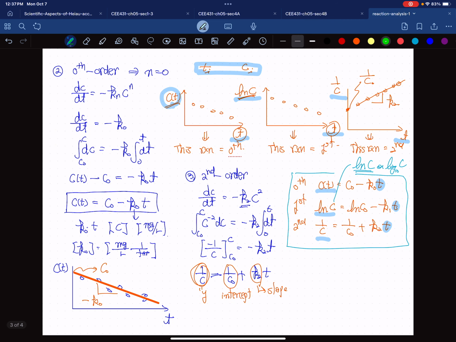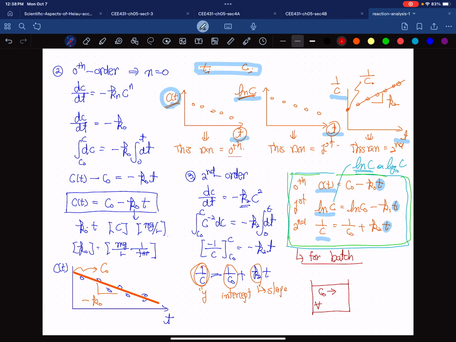So here we have three reaction orders, and in each case, if the concentration is decreasing, you have these three forms that you need to keep in mind. And again, the most important thing you shouldn't forget is that this is for batch. In other words, you have a certain reactor, the volume is V, and your initial concentration is C naught.